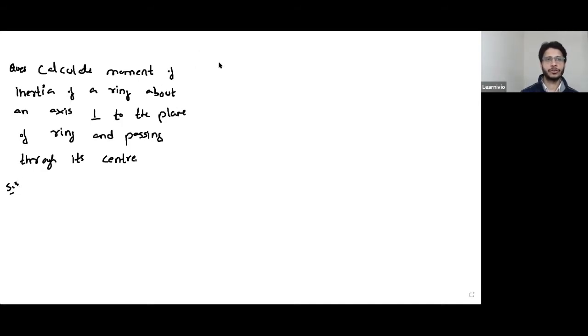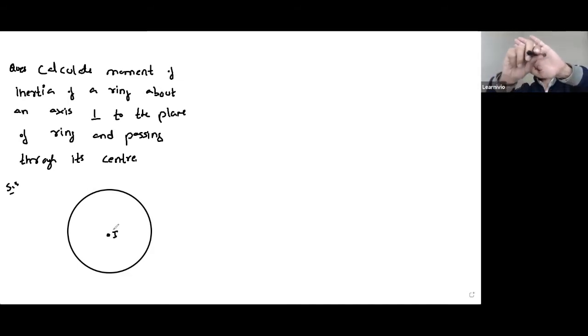So this is your ring. This ring is in the xy plane, which means it is in the plane of your notebook. And this is the axis. The axis is perpendicular to the plane, which means it is perpendicular to the plane of the board.